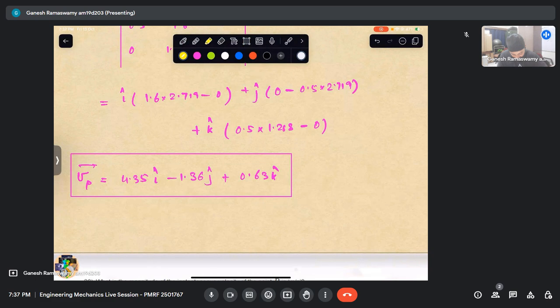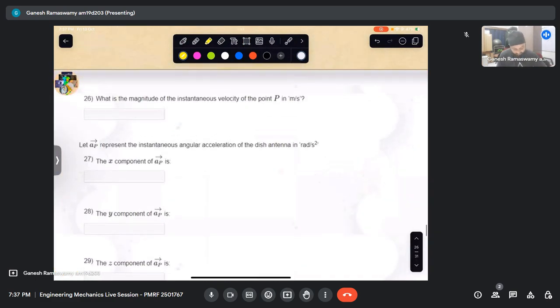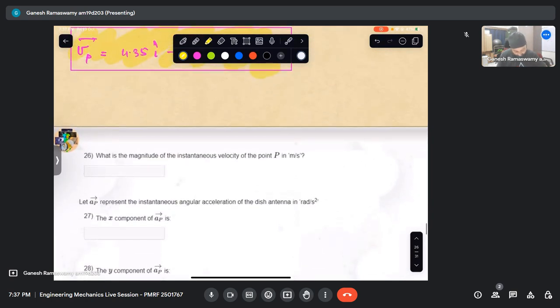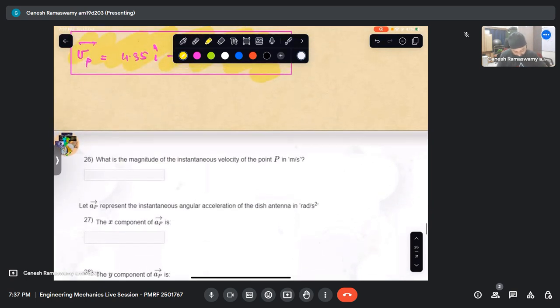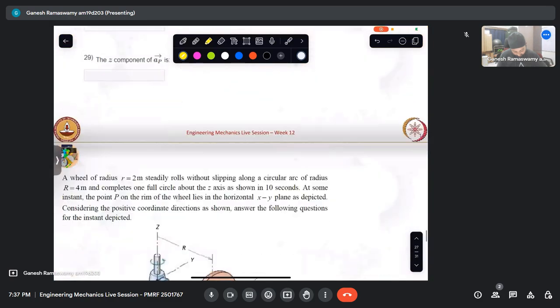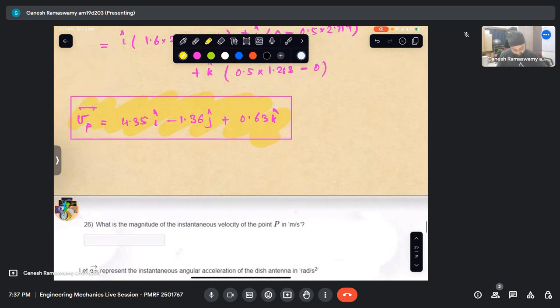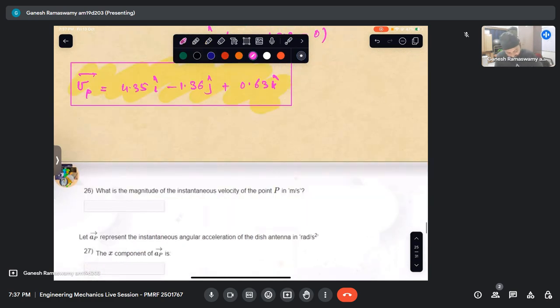Similarly, we have been asked to report its magnitude, so we just need to populate its magnitude.